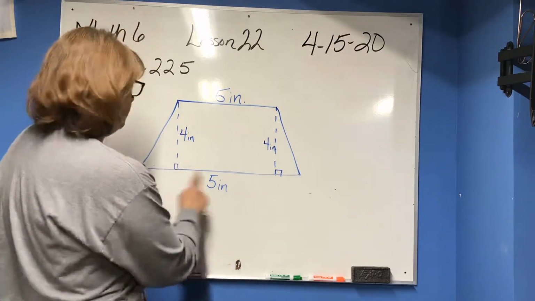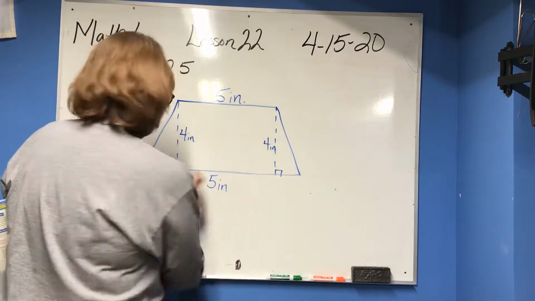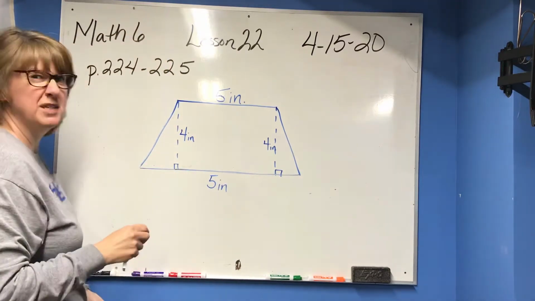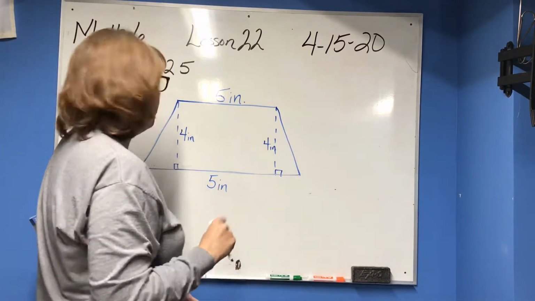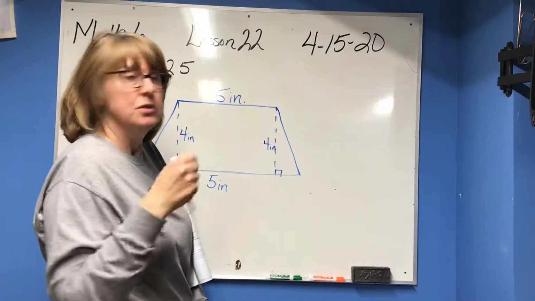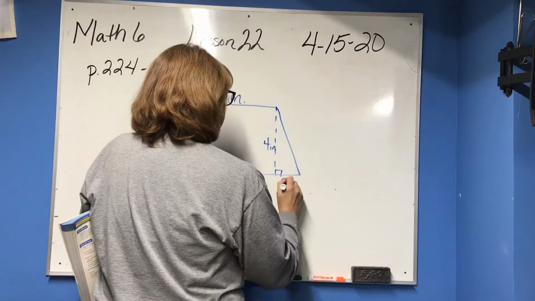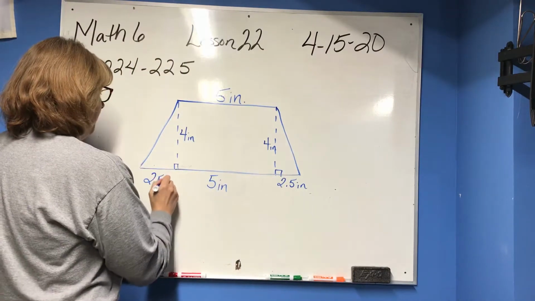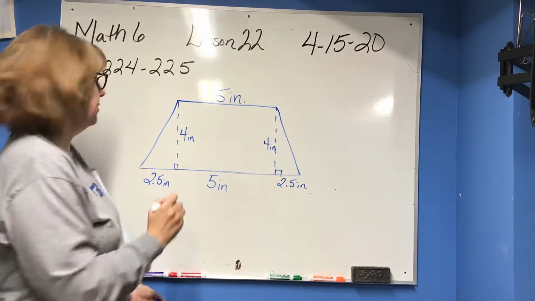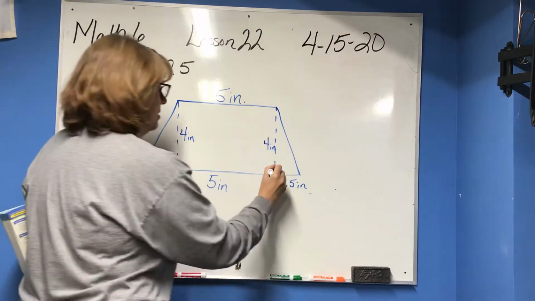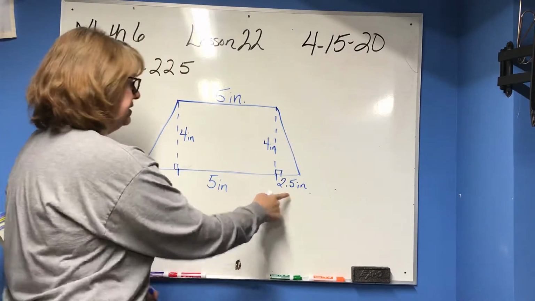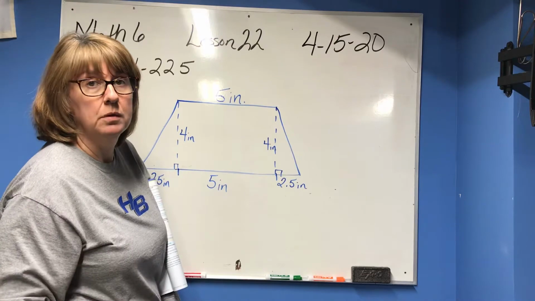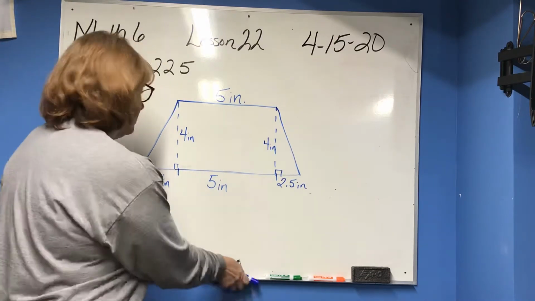So if this portion is 5, that means this little piece and this little piece, if I pretend I drew those evenly, would also add up to 5 inches. We can do a little math and figure out that this is 2.5 inches and this is 2.5 inches. It may have taken us a minute to figure that out, but it's okay. If I add these 3 numbers together, they equal 10 inches. All right, let's keep going.